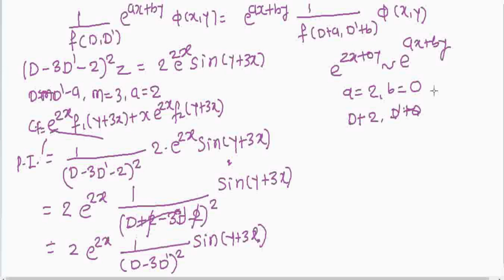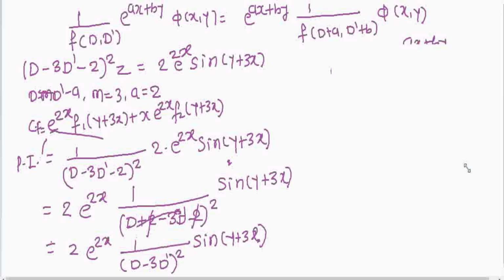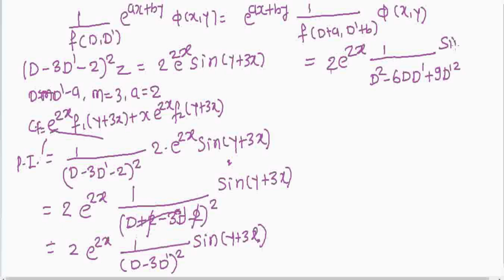Let us square the bracket term: equal to 2 into e raised to 2x, 1 divided by (D square minus 6D D dash plus 9D dash square) sine of (y plus 3x).